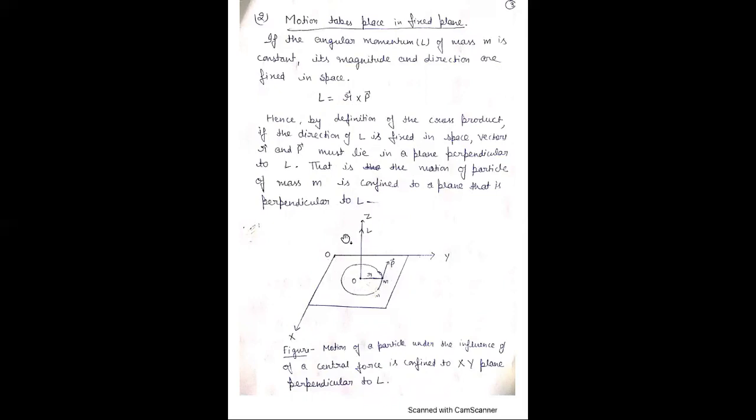If L is constant, there is no change in direction or magnitude. So r and p lie in the xy plane, which is fixed. The motion of a particle under the influence of a central force is confined to the xy plane, and that plane is perpendicular to L. Therefore, motion of a particle in a central force takes place in a fixed plane, if angular momentum is conserved, meaning its direction as well as magnitude are fixed in space.